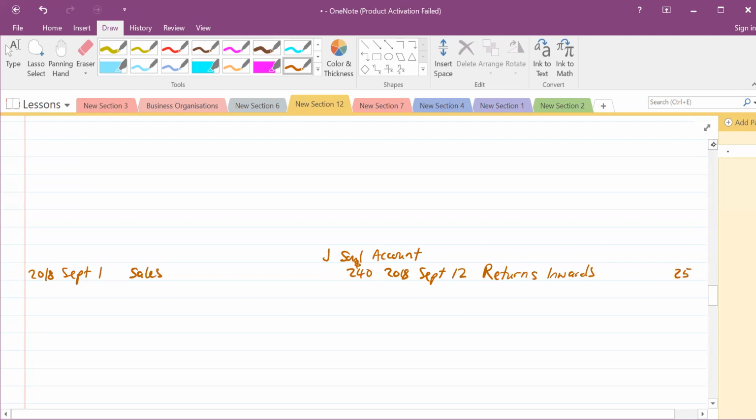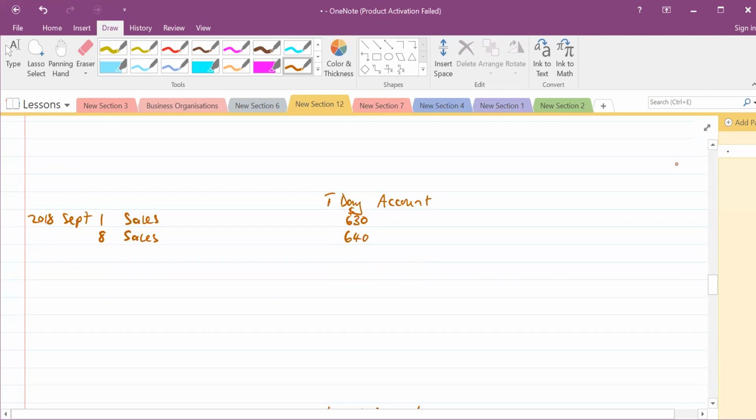And then we go on to T-Day's account. You returned goods to us, which reduces the account of the debtors. Debtors are credited when they are decreasing. So September 12th, and then we write returns inwards. Okay, and how much do we have? We have 190 to complete the double entry. Remember, for every debit entry, there should be a corresponding credit entry.